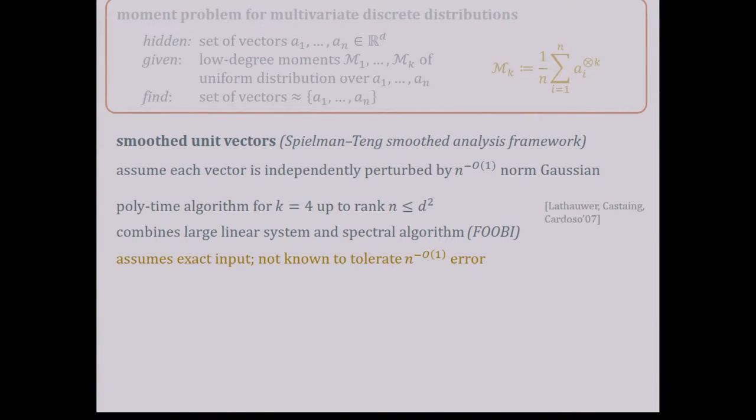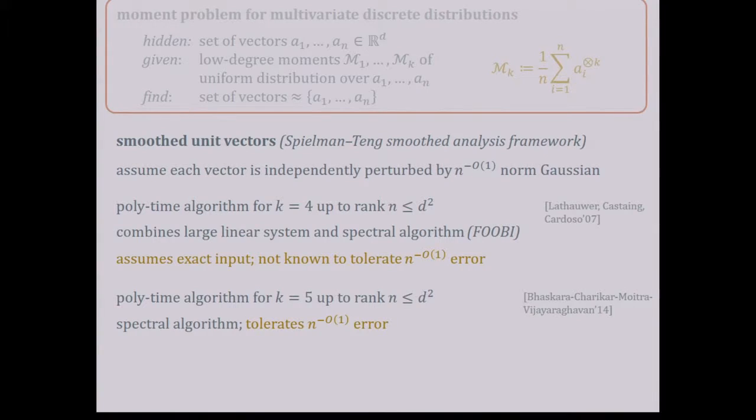But one unfortunate aspect of this algorithm is that it assumes that you have access to the exact moments, and in particular it's not known whether it tolerates a polynomial amount of noise. And in many applications, in particular for these learning applications, you really need to be able to tolerate a polynomial amount of noise if you want the algorithm to run in polynomial time.